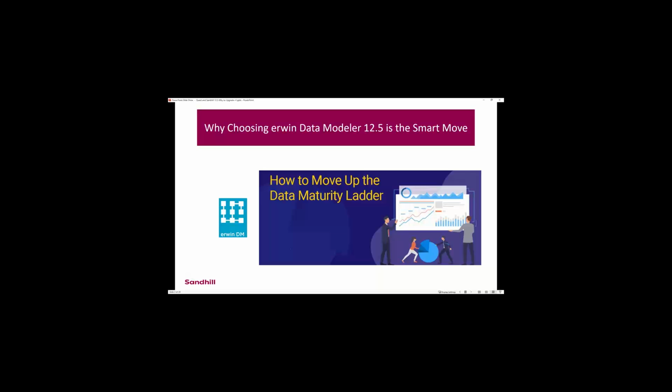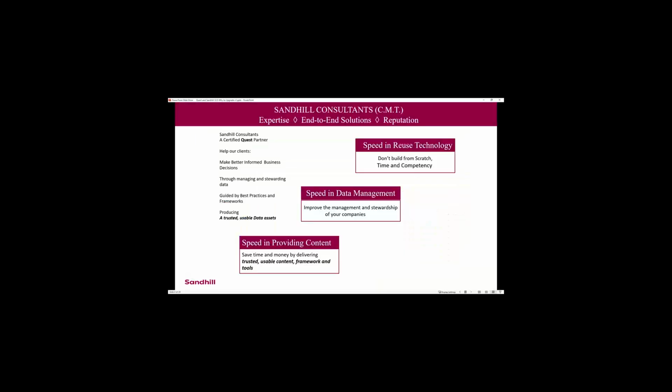And so what we're going to do is show you some of those key features that we think make Erwin 12.5, this version, one of the best versions that they've released in their 25, maybe it's 27, could be even close to 30 years in the marketplace. So Kevin, go ahead a little bit, go to the next slide.